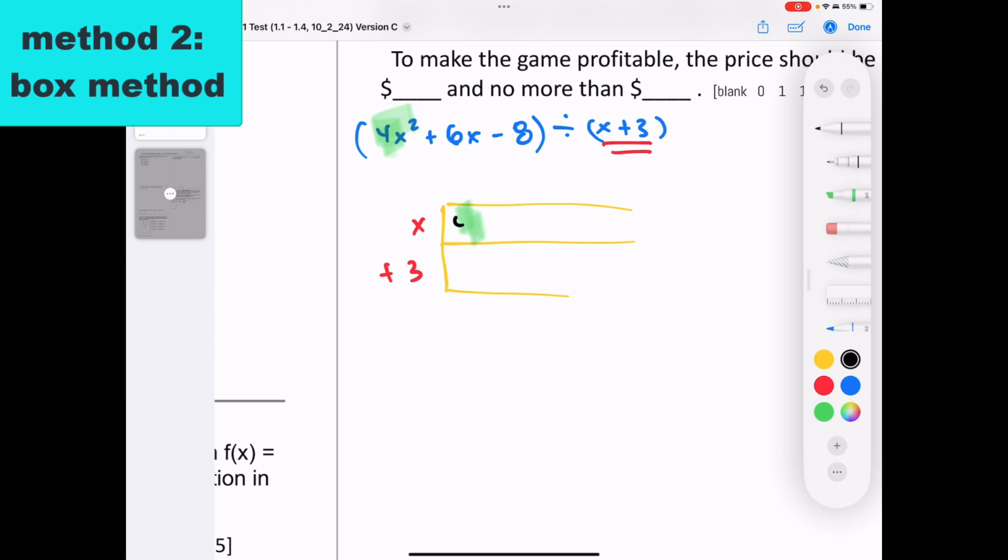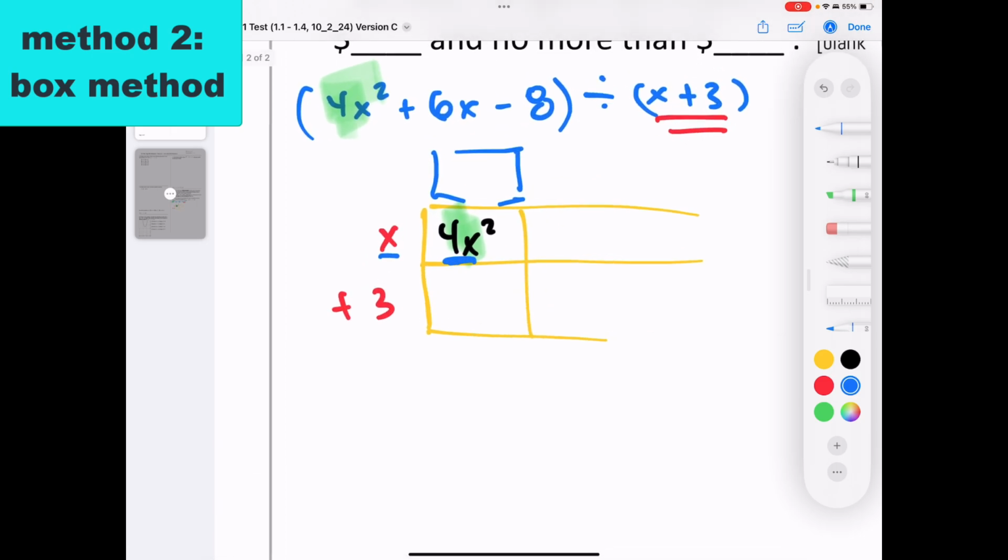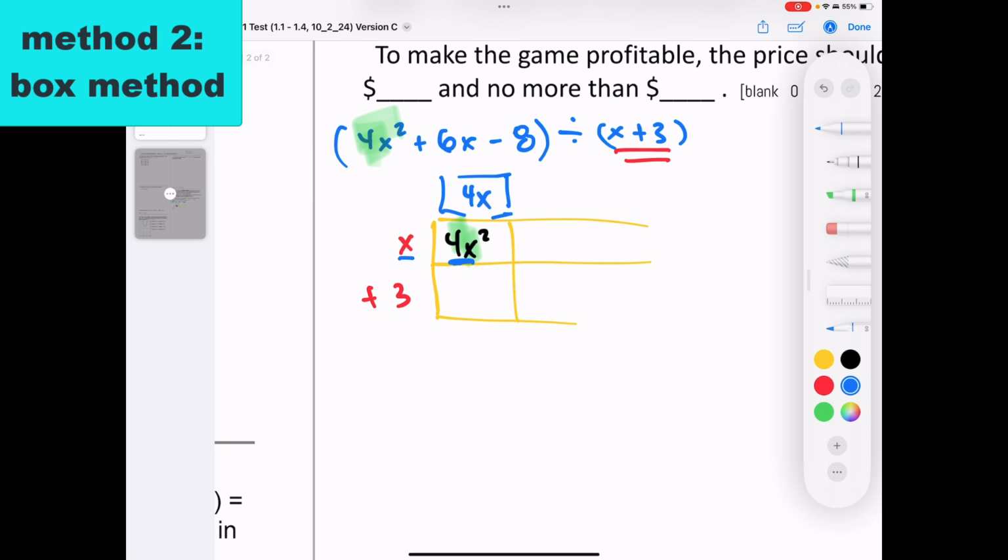So I'm going to put in a 4x squared here. Now I need to think, let's use blue, out here, something times x will equal 4x squared. Well, this will be a 4x. Now I can multiply 4x times 3 to give me 12x.